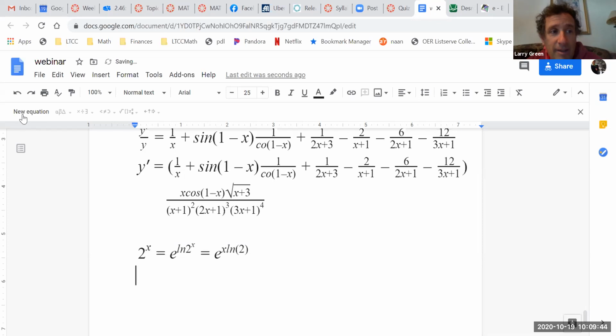So now what I can do is take the derivative of 2 to the x. What rule do I have to use to find the derivative of 2 to the x, given the fact that it's e to the x ln 2? In one word?